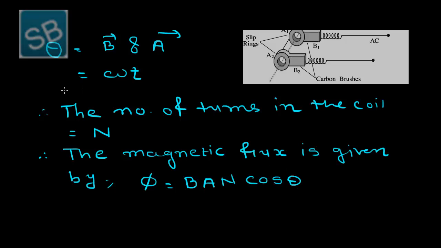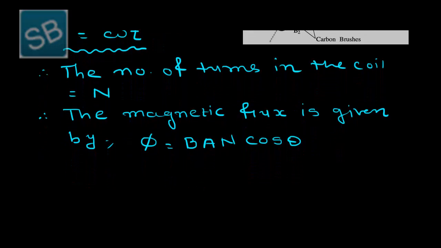But here the value of theta is omega t, so replacing theta by omega t in this equation, my equation for phi is equal to BAN cos omega t.